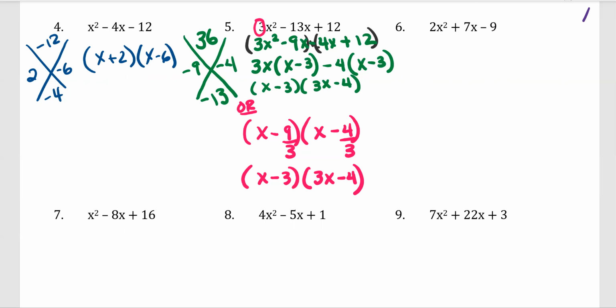Number 6. We need the factors of 2 times negative 9. So the factors of negative 18 that add to 7. So I'm going to work it out using the AC method, factor by grouping.